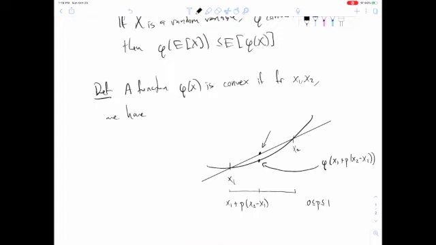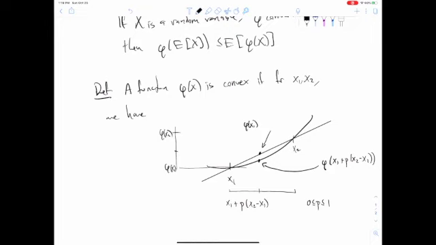And this value up here is the straight line value between the two phi values. If my y-axis here is phi of x1 and this is phi of x2, I'm looking at the value that would be between these two values if I had a straight line connecting them.